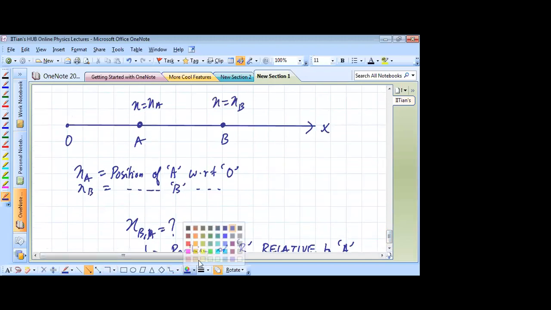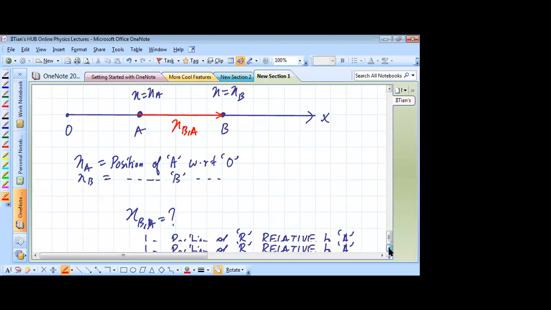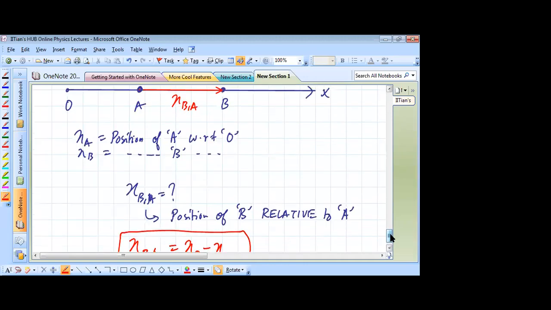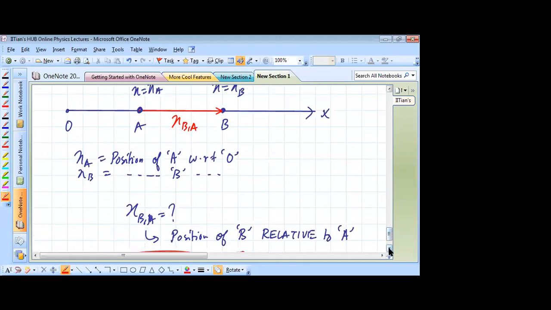It is nothing but this thing: in A's frame, where is the position of B located? This is what will become the position of B with respect to A. So that thing you can see is going to become xb minus xa. Okay, so that is the most basic thing. Now, the moment you understand this, the rest of the things will follow from definitions.